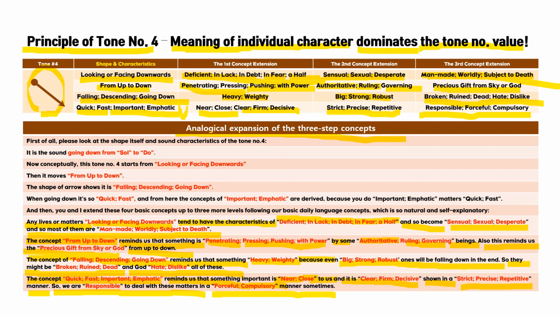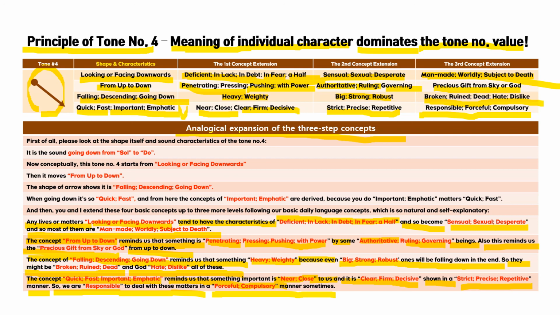Okay, so in this way we have expanded the 4 major key concepts for tone number 4 principles for you to remember as a foreigner when you are learning Chinese characters. This is the conceptual development of the concepts from the shape of the tone.